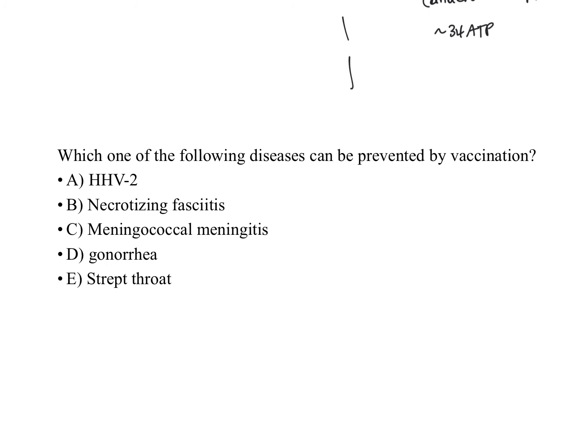Which can be prevented by vaccination? Certainly not strep throat. We get that over and over again. We talked about how gonorrhea, due to that antigenic variation and phase variation, just changes too quickly. No, nothing. Remember, that's a Strep pyogenes infection there. This, remember, is genital herpes.